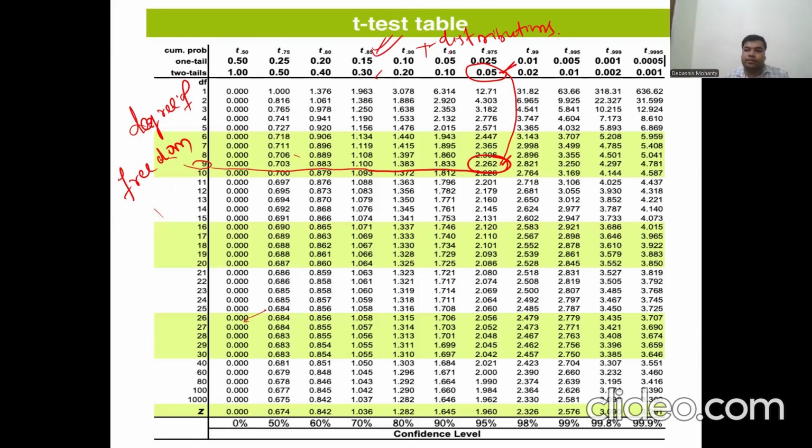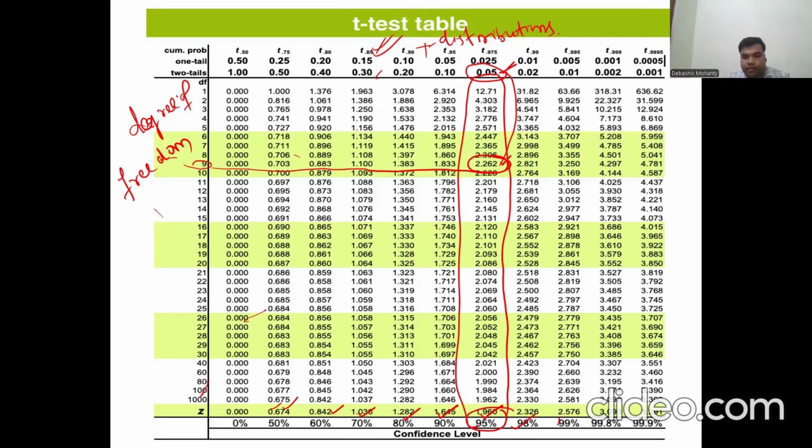This is the confidence level. So here it is starting from the z at 0%, 50%, 60%, 70%, 80%, 90%, 95%. This is the 95% confidence level. So we follow this entire column for 95%. Right.